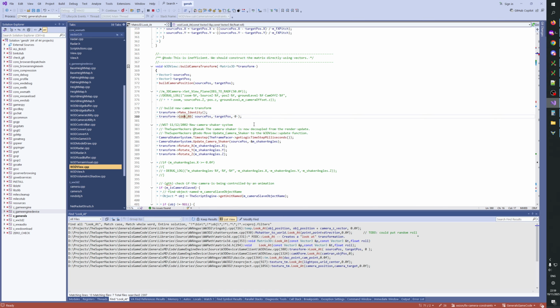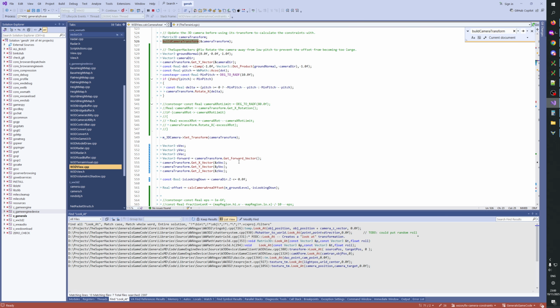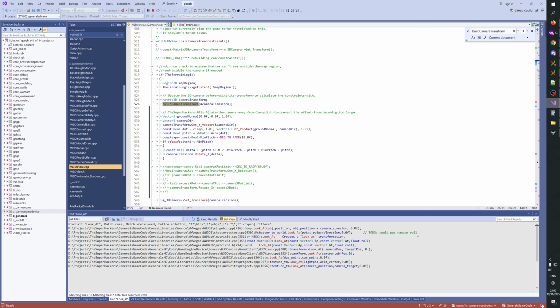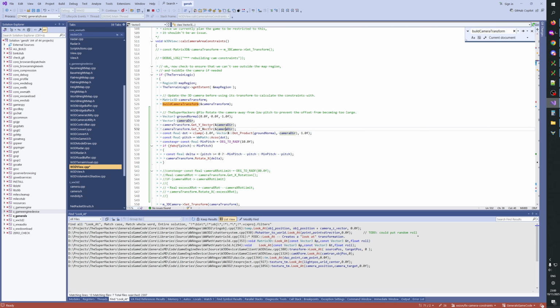Where is it? Build camera transform here. So let's say camera, dear. So let's say it's not that.